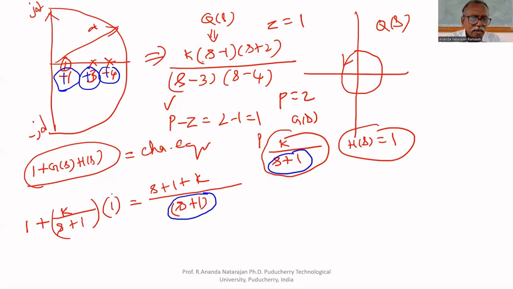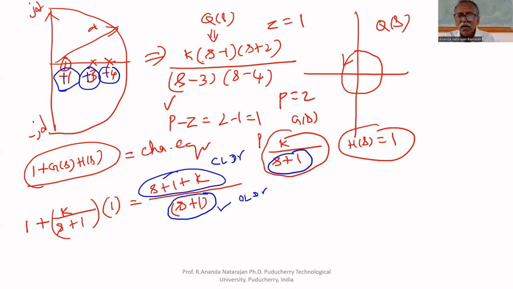Here, we have to understand that in a characteristic equation, the denominator polynomial is the open loop denominator. What is the numerator? The numerator is the closed loop denominator. You find the closed loop transfer function for this.